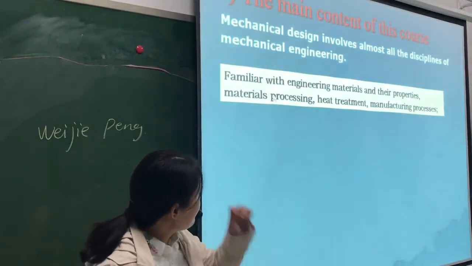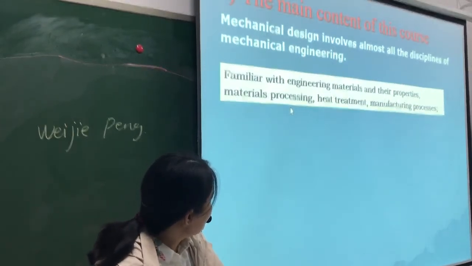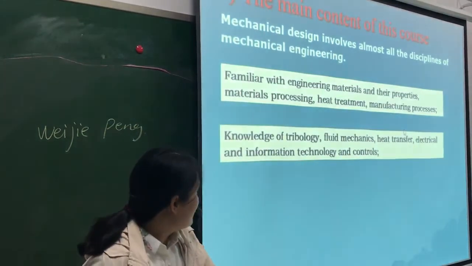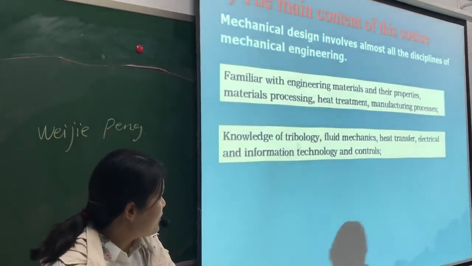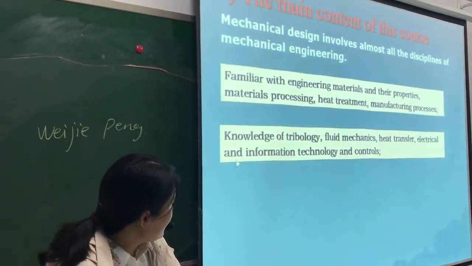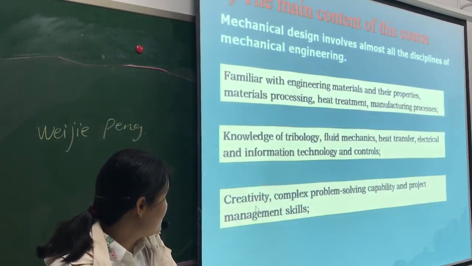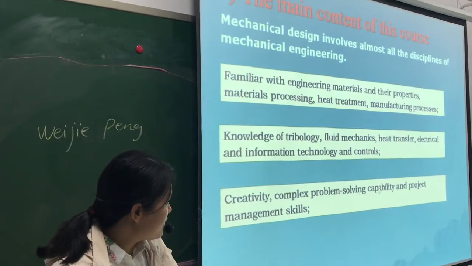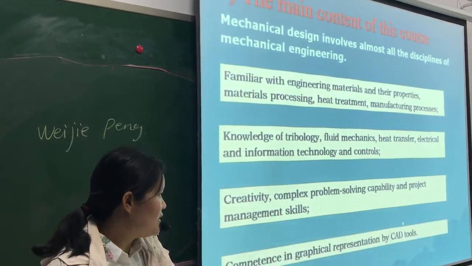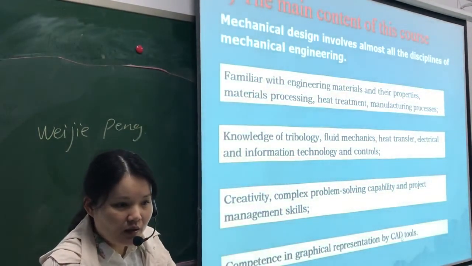You should be familiar with engineering materials and their properties, material selection, heat treatment, manufacturing processes, and the knowledge of thermodynamics, fluid mechanics, heat transfer, electric and information technology and controls, creativity, complex problem solving capability, and CAD. Did you learn the course CAD, computer aided design?